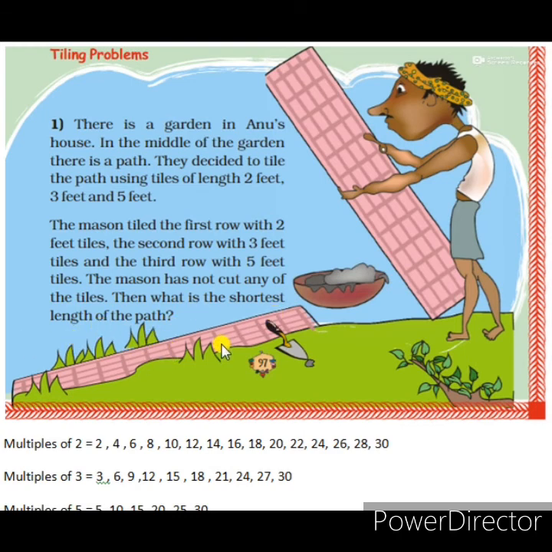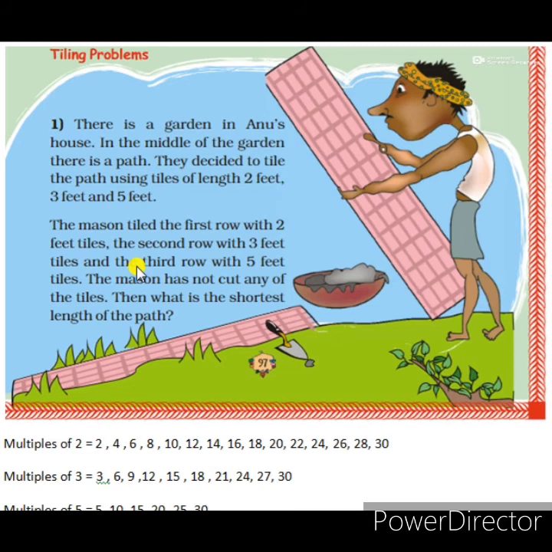In Anu's house there is a garden, there is a path. They decided to tile the path. The mason tiled the path using 2 feet tiles, 3 feet tiles and 5 feet tiles. The mason did not cut the tiles. So the question here is, what is the shortest length of the path? Students, see 2 feet, 3 feet and 5 feet.